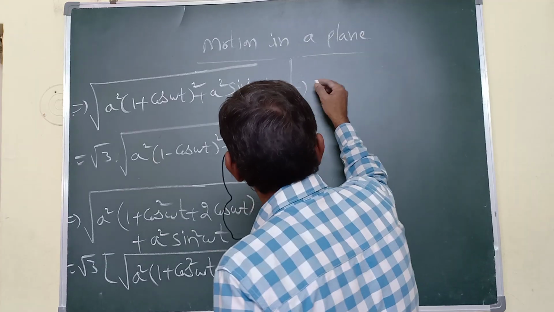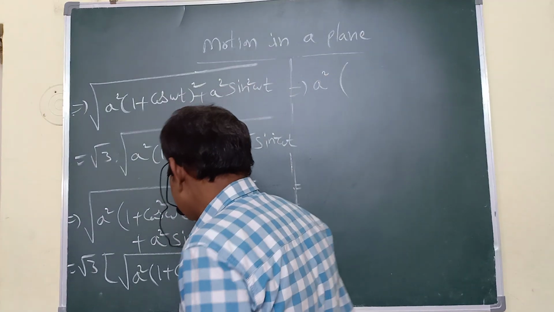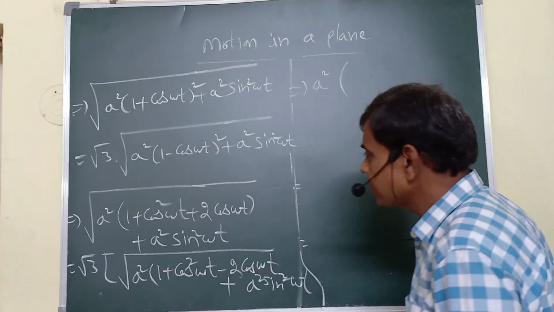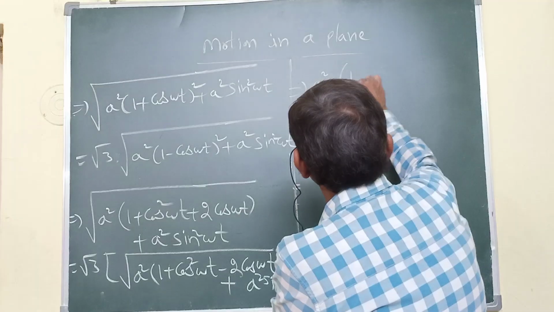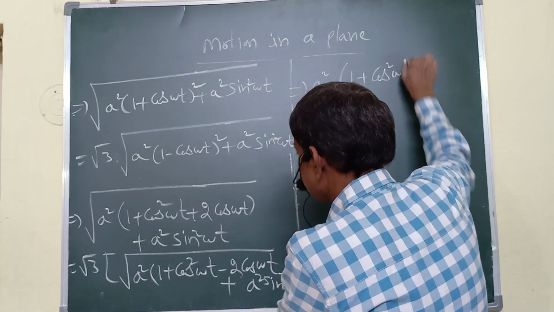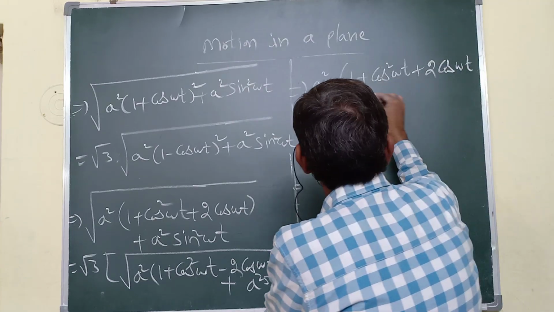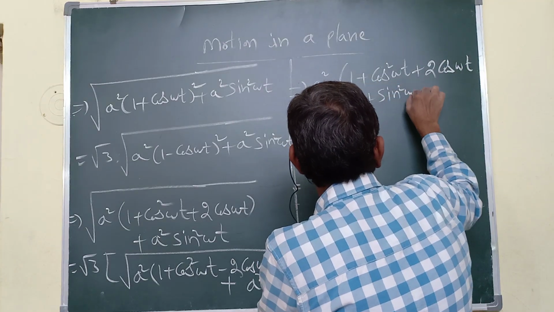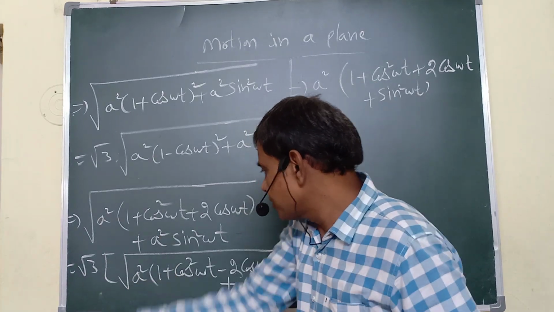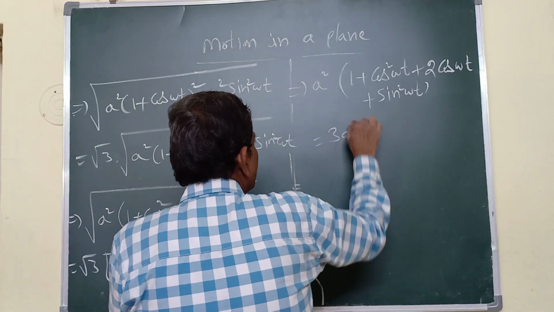This implies A square into, okay, you take A square common from here and here. Now what I am getting? 1 plus cos square omega t plus 2 cos omega t plus sin square omega t. This root totally cancels. Now what I am getting? 3 into A square, so 3A square.